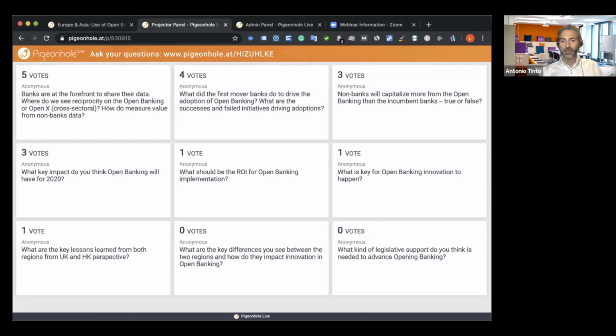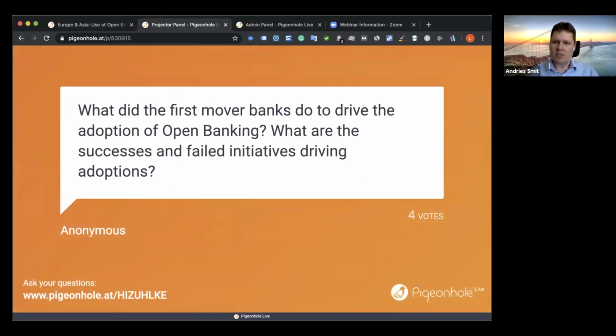Andrew, you got anything to add from your side on this? Just very quickly, and specifically on the second part of that question around some of the successes at driving adoption. Notwithstanding the human tragedy around the current COVID-19 pandemic, we saw a huge uptick in SMEs giving their accounting packages access to open banking.